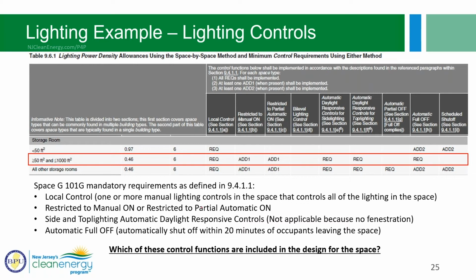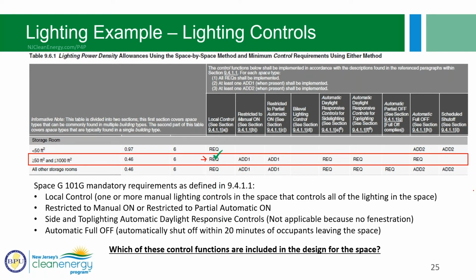So I just want to illustrate which ones of these control types are applicable for this example. So let's talk through that. What you see boxed in red, that's our relevant storage room in this table. So we can first see that local controls are required. Well, that's easy. There's a single control that controls the fixtures in the room. So we know that's all good.